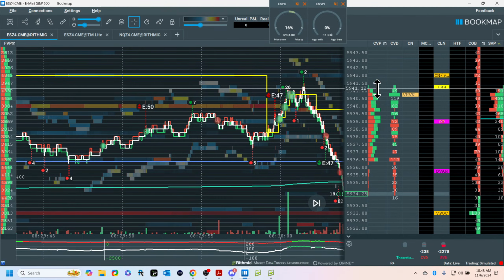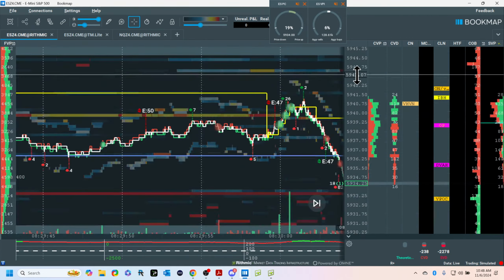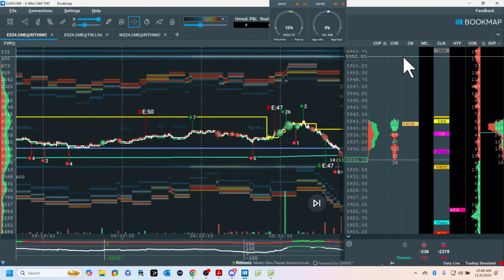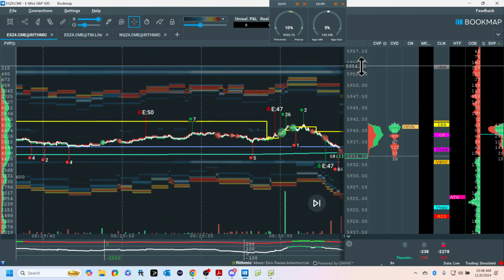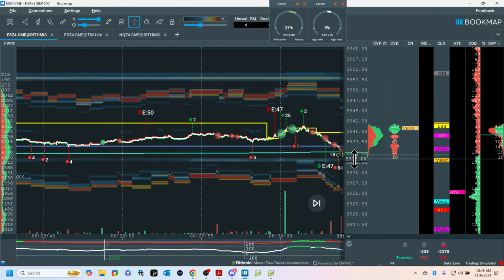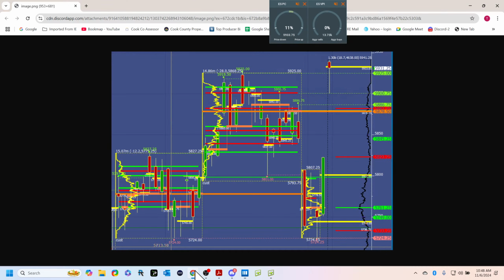Nobody knows at the time, by the way. And then we have the overnight high with a 76% probability of being taken out, wherever it went. We have the all-time high here previously, so the breakout of this all-time high.